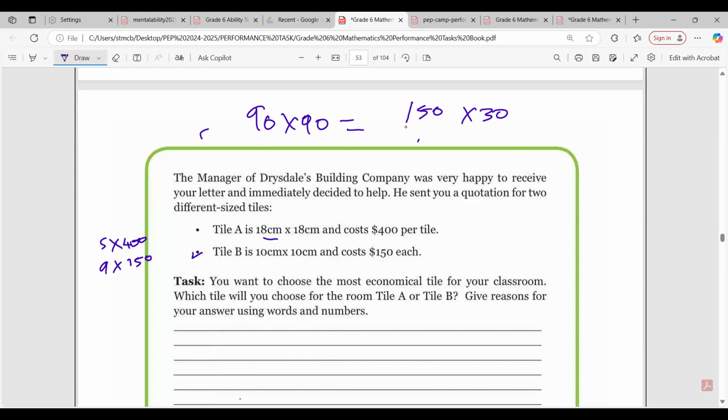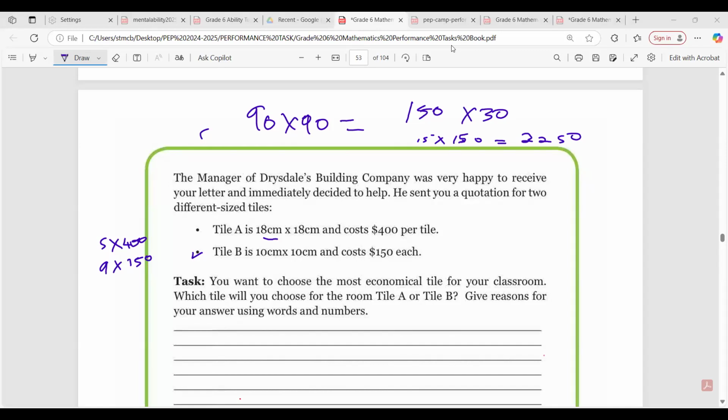Then I times the 150, the amount of money, by 15 and I get 2,250. And then I put the 10 into the 30 and I get 3. And then I times the 150 by the 3 and I get 450. And then I add it up and I get 2,700.